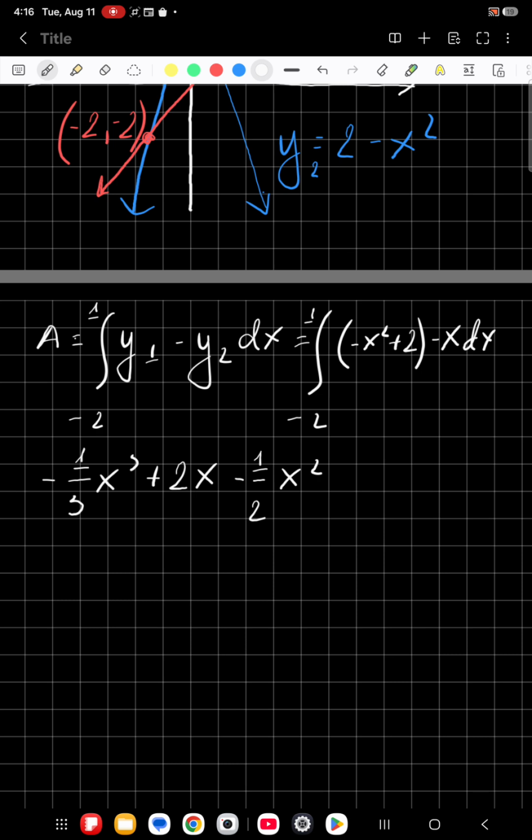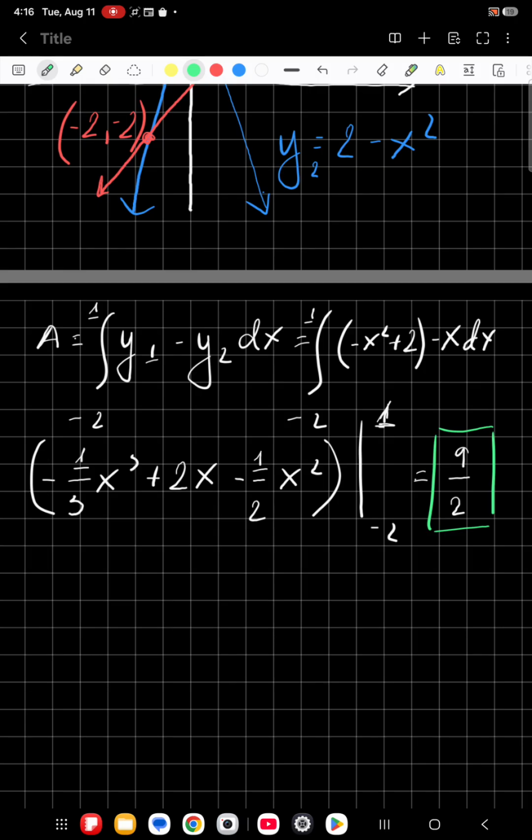Then we evaluate this whole expression from -2 to 1. It's pretty difficult arithmetic, because it's hard to keep track of what's going on. Anyway, the answer I got is 9/2. So that's the area between those two curves.